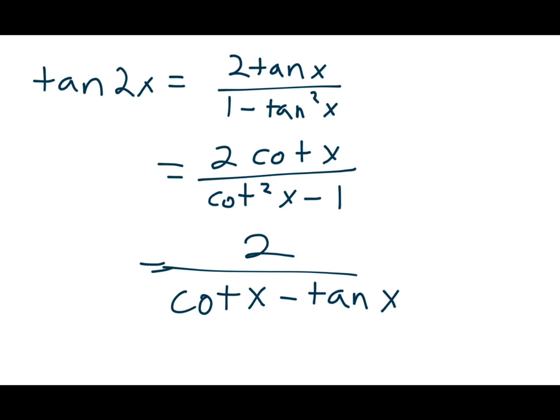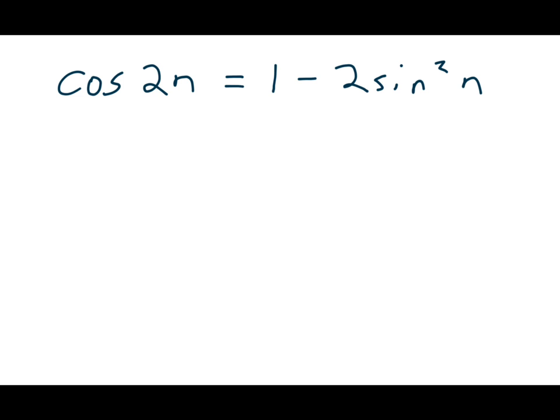Now, for the half angle, that would be something like you have an angle divided by 2. What is it going to be equal to? Let's start with my cosine. Let's take my double angle for cosine, cosine of 2x. Well, let's use a different letter, 2n. That is equal to 1 minus 2 sine squared n.